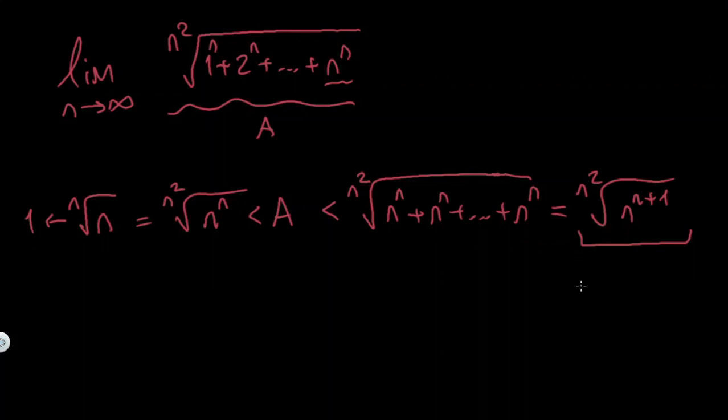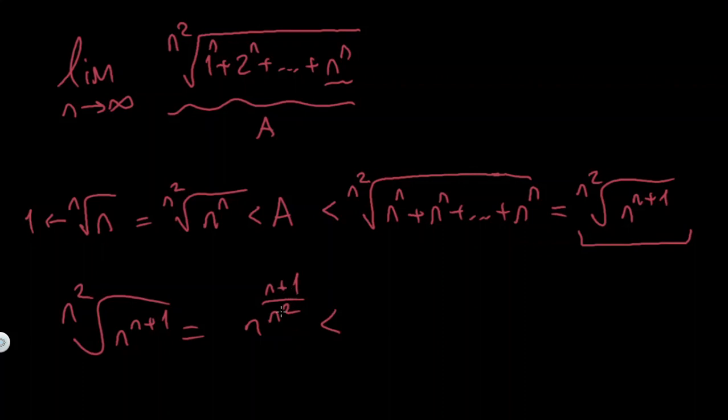I could try to show this limit, but let's do something easier. I know that n squared, n to the n plus 1, is equal to n to the n plus 1 over n squared. And so I can find another upper bound that could be easier to deal with.